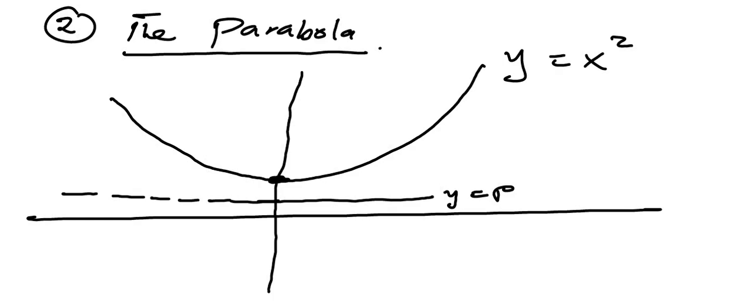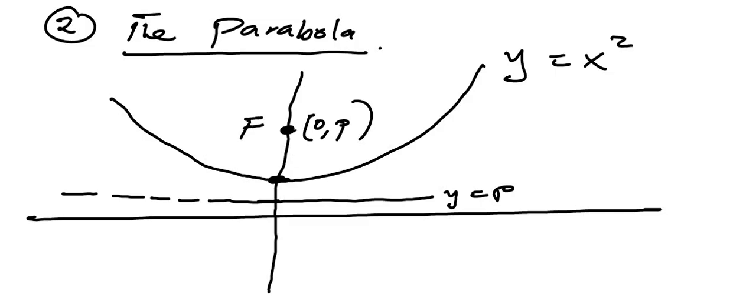Since we are placing the vertex at the origin, the x component is 0. Then the y component is going to be called p. So this is called the focus.